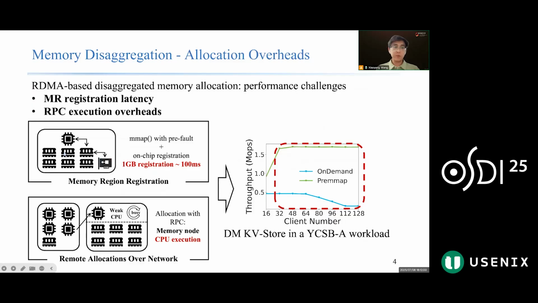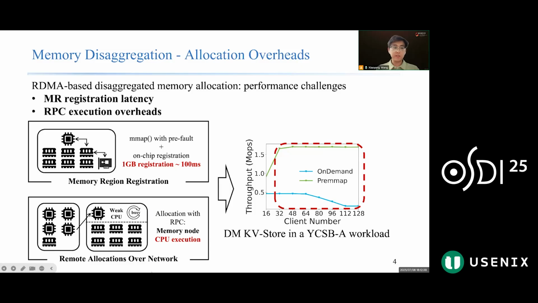However, RDMA brings new challenges for remote memory allocation. First, allocating memory from a memory node needs RDMA-related memory region registration, which involves several operations: pre-faulting the physical memory pages using a memory map, copying page tables into the RDMA NIC, and generating on-device memory regions with keys as capabilities for the following one-sided RDMA accesses that bypass the remote CPUs.